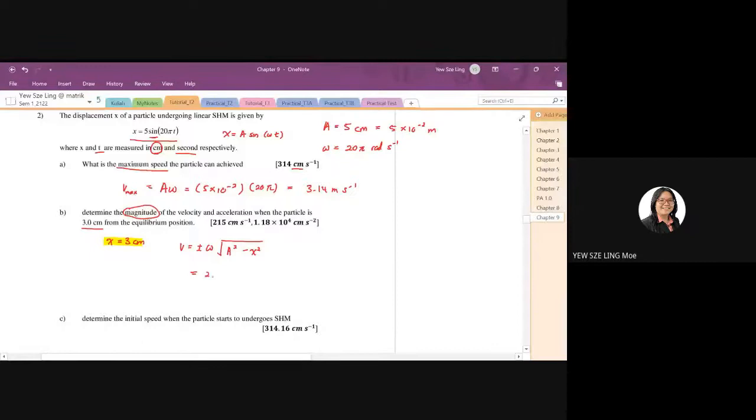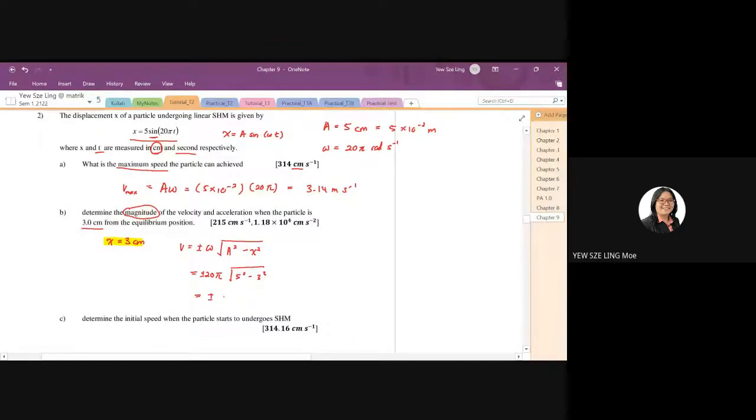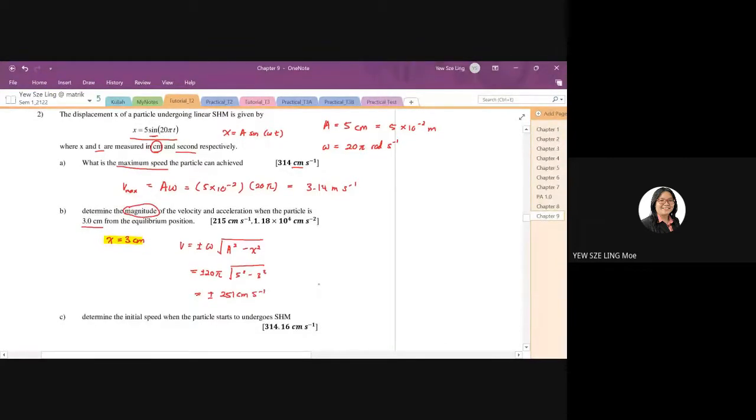So it is plus minus 20 pi square root of 5 squared minus 3 squared. Since a and x are both in cm, the final answer can be written in cm: 251 cm s^-1. If you already converted them into meters, then the final answer is 2.51 meter per second.